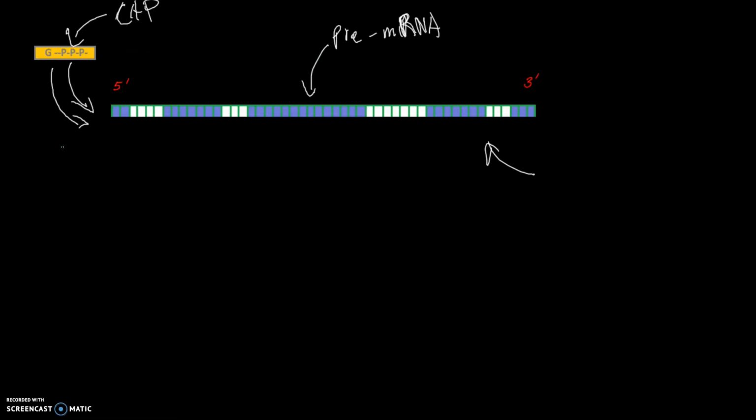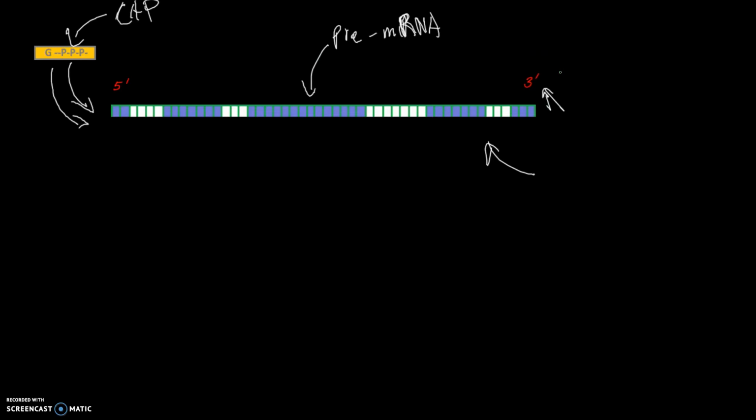So what happens is there will be initiation factors in the cytosol where translation occurs that will recognize this cap on this messenger RNA, and they are going to bind onto the cap, which then will allow this messenger RNA to be translated.